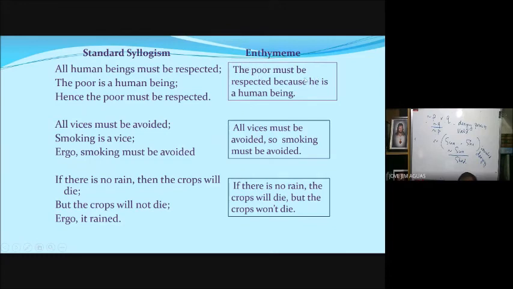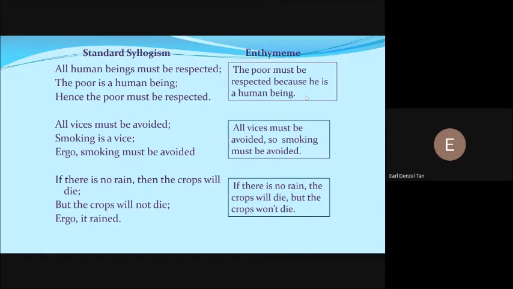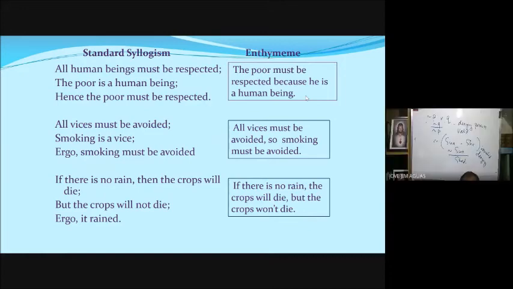So we cross this, and we are left with be respected and human being. We form a statement out of those two. What's the implied statement? Human beings must be respected. That's correct. That's the implied statement.